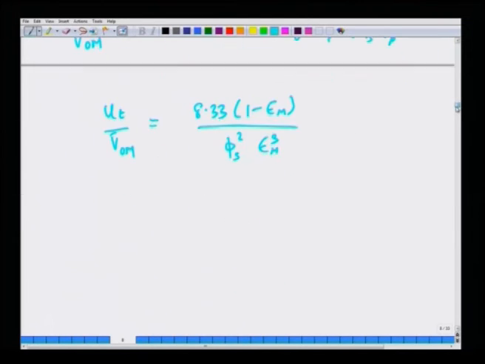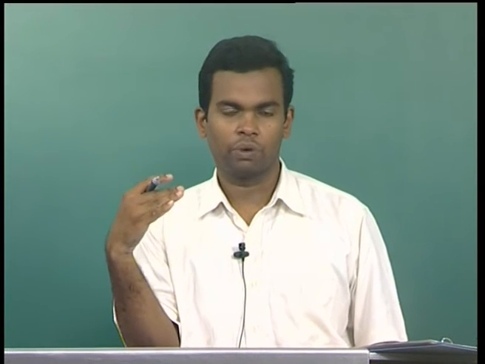For spheres, phi s is 1, and if you use epsilon m roughly 0.45, which is a typical value, ut by V0m becomes of the order 50. So the terminal velocity is 50 times the fluidization velocity.